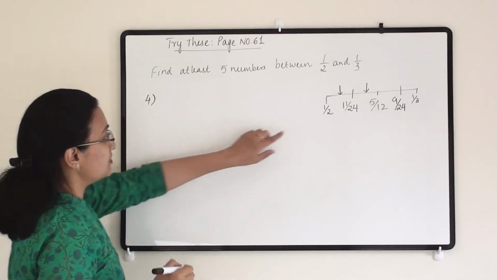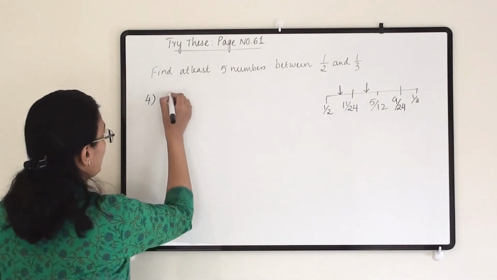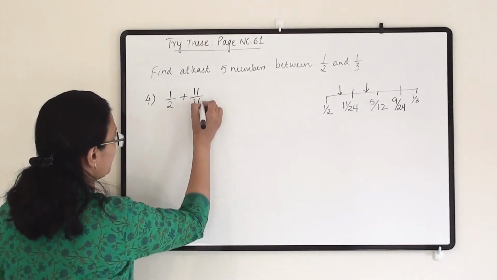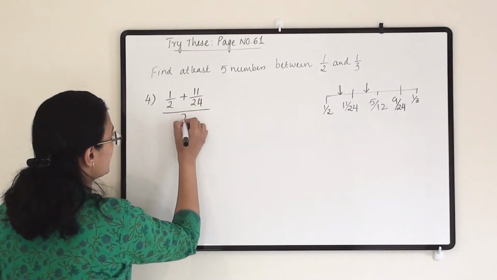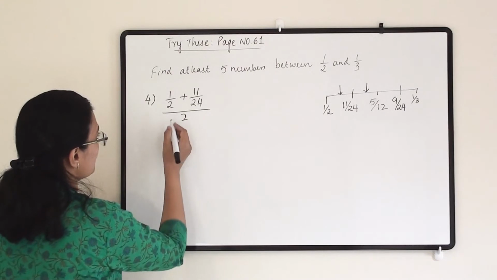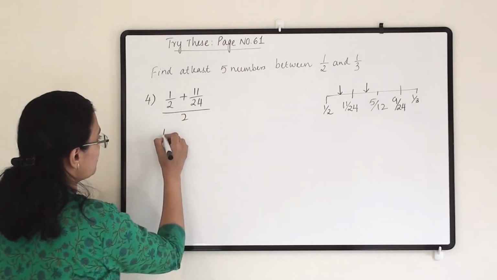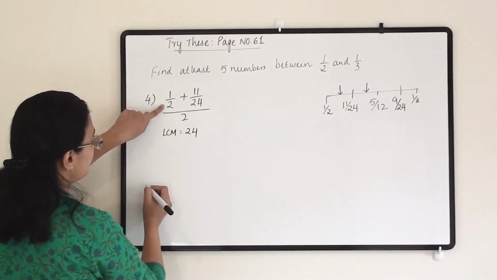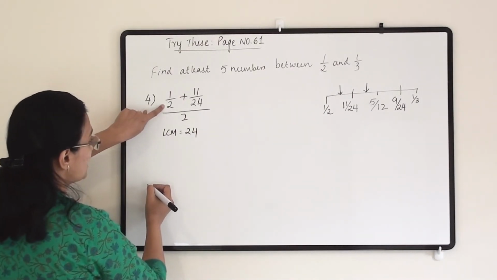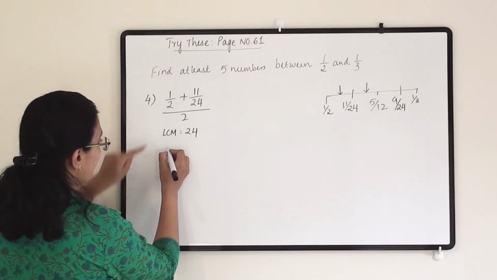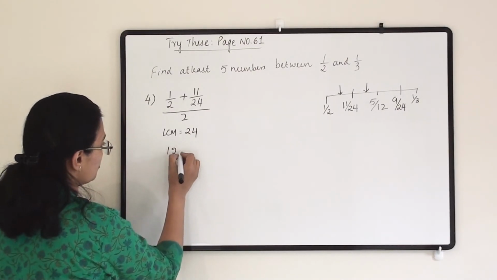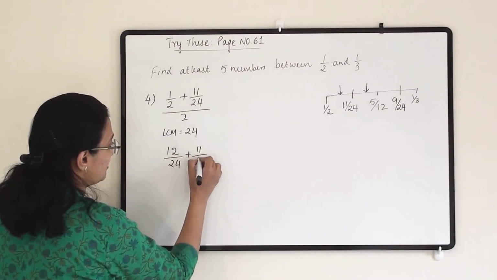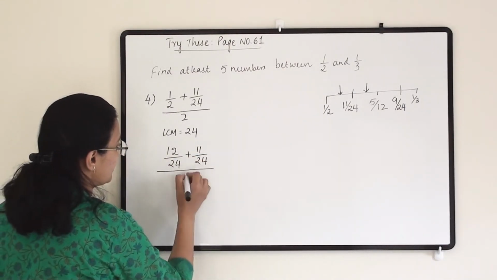My fourth number will be in between 1 by 2 and 11 by 24. So this plus that, divided by 2. Here my LCM is going to be 24, so I have to make this number 24. Once we multiply with 12, I get 24. So 12 divided by 24 plus 11 divided by 24, divided by 2.